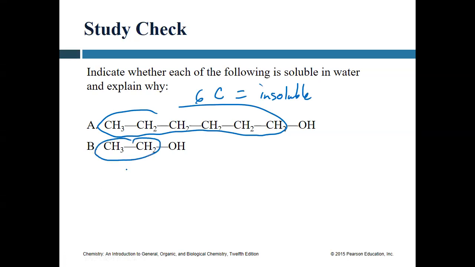This chain being 2, meaning it's going to be soluble. So like I said, 4 is kind of our transition point. Below 4 dissolves really well. Above 4 doesn't dissolve at all. At 4 kind of dissolves a little bit.